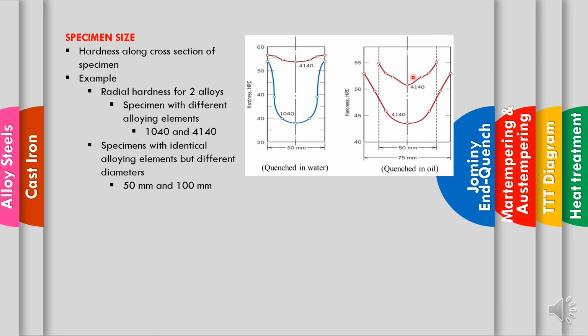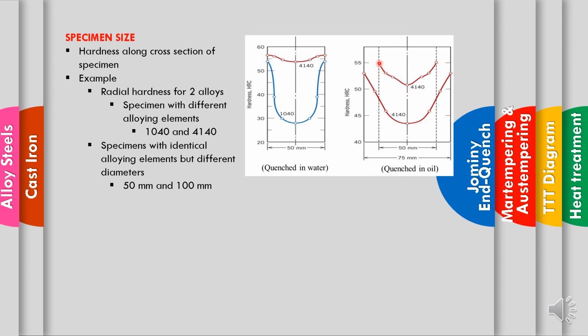As you can see, from the middle to the surface there is a very different hardness. In the case of oil quenching, using the same alloy but a different diameter, you can see the curve is like this.